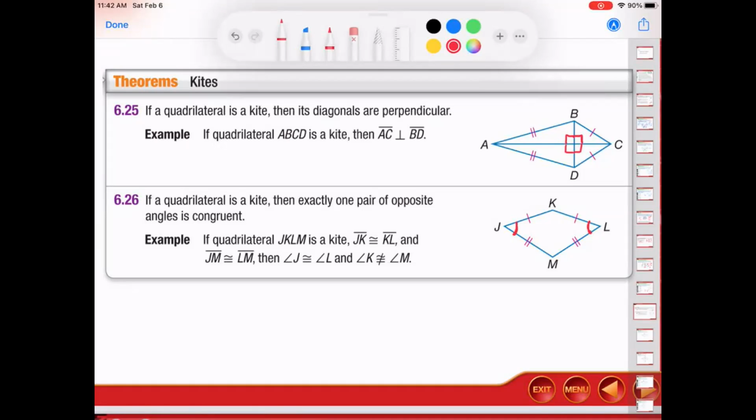However, the angle where they meet up, that is always going to be the same. So what I'm saying here is this angle is between two congruent sides. This angle is between two congruent sides. Never, ever, ever going to be congruent. Your congruent angle is always going to be between your two sides of different lengths.